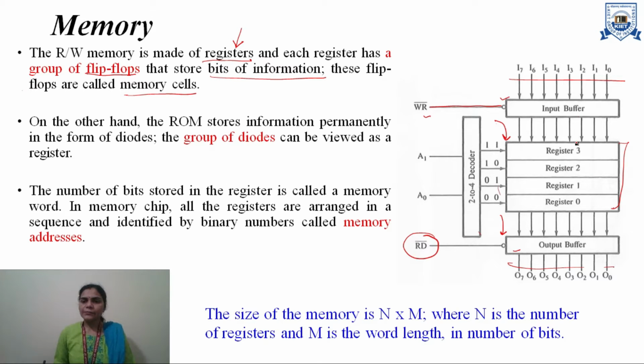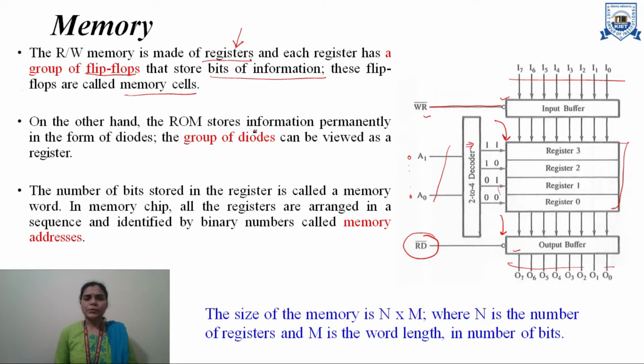And we have to uniquely identify these registers. So we have some address lines. Address will be in the form of bits. So we require a decoder so that the address bits can be decoded into one of the locations, or we can say one of the registers.